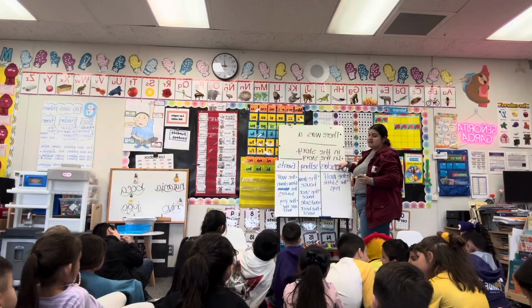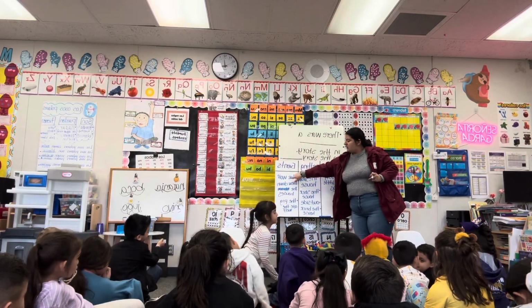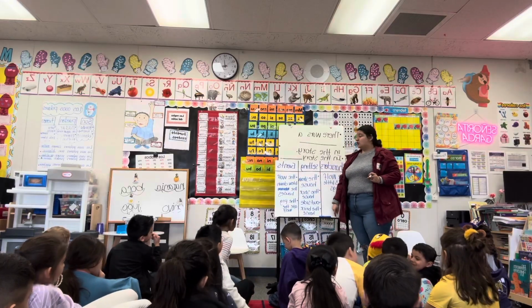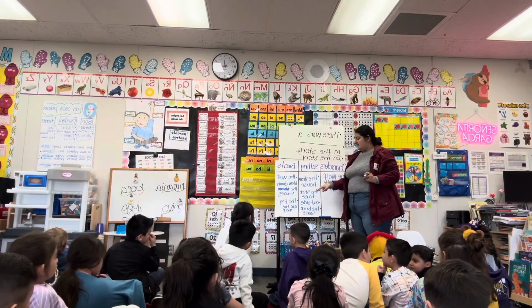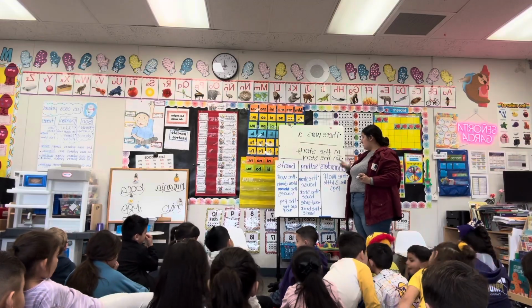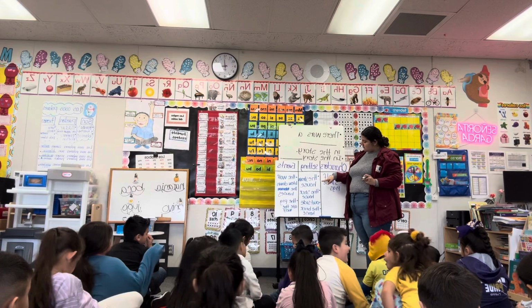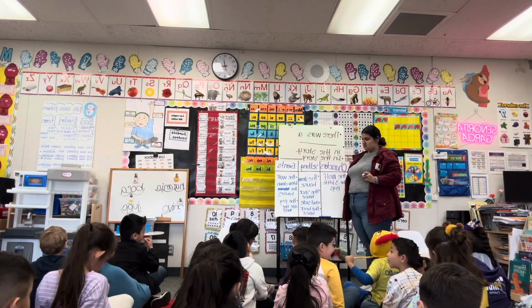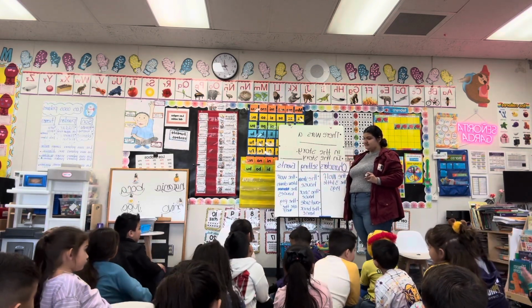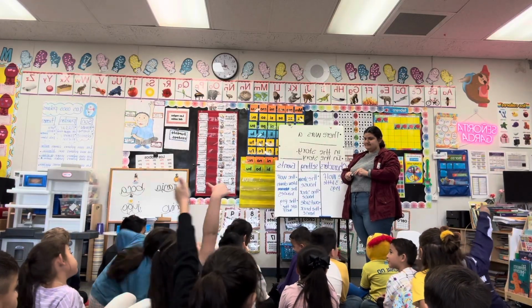We can write, in the story, the wolf blew down the houses. Or, in the story, the pig ate the wolf. Or, in the story, there was a straw house. Okay? Do we understand? Give me a thumbs up if you understand.